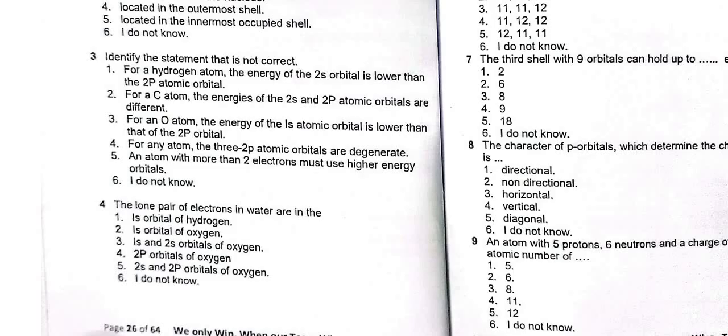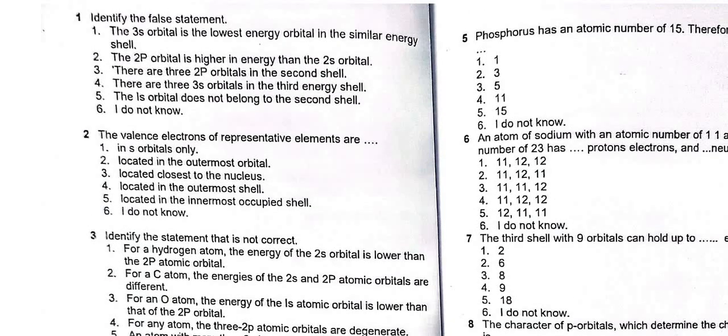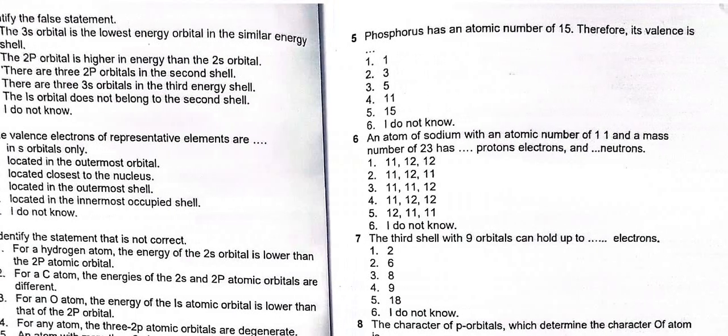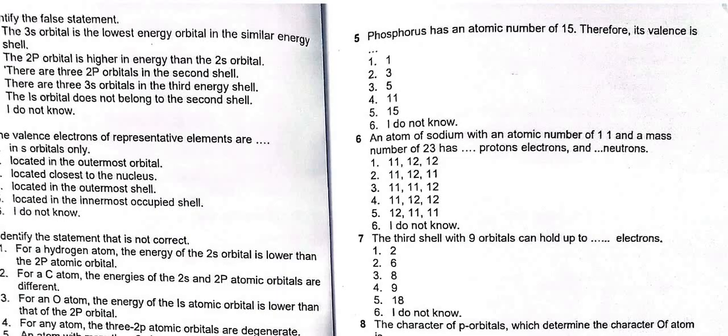That's the correct answer. Then how about this one here, guys? Phosphorus has an atomic number of 15, therefore the valence is what? Is everyone okay if we say 5? Just write the same configuration, 2, 8, 5, so that's the valence.